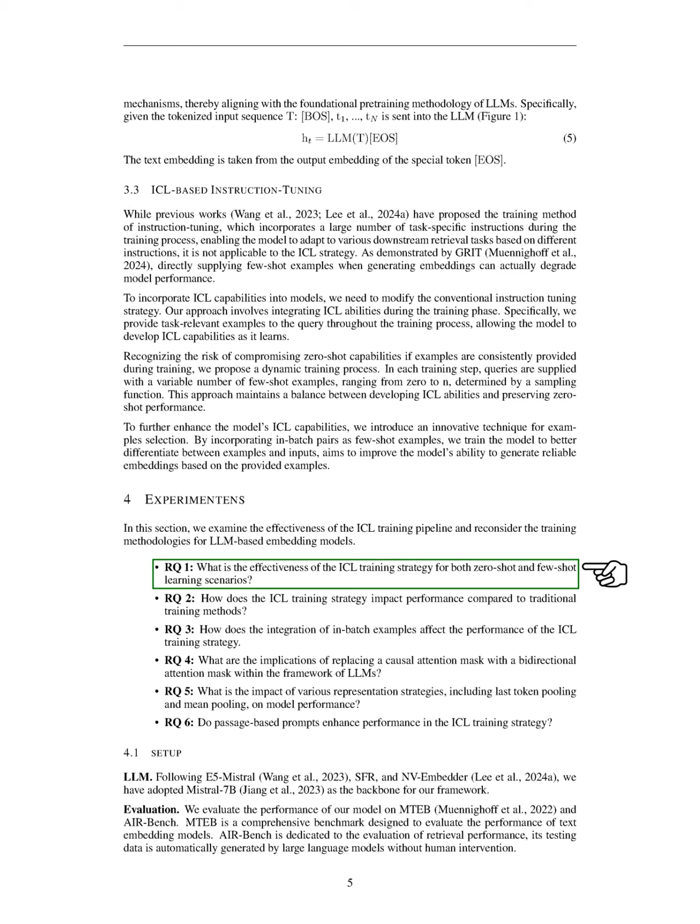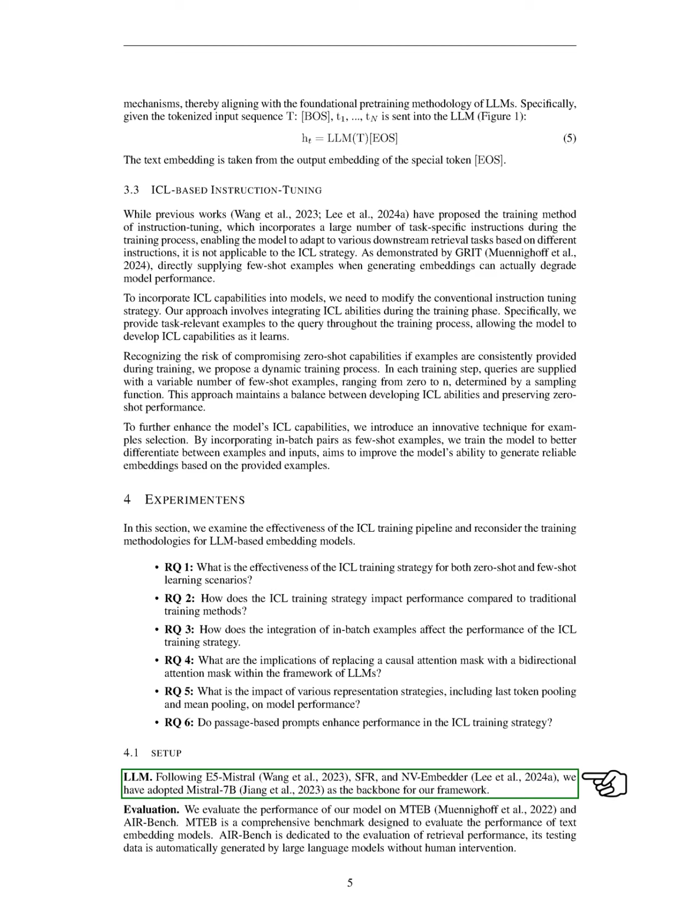What effect does including in-batch examples have on the ICL training strategy's performance? 4. What are the consequences of using a bidirectional attention mask instead of a causal attention mask in LLMs? 5. How do different representation strategies, like last token pooling and mean pooling, influence model performance? 6. Do passage-based prompts improve performance in the ICL training strategy?